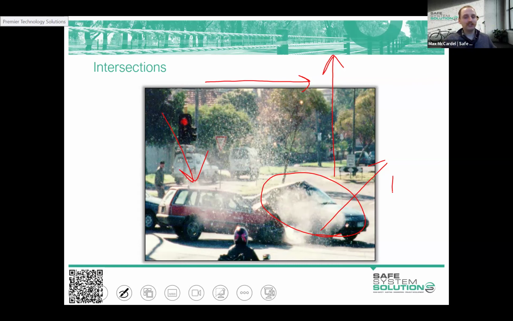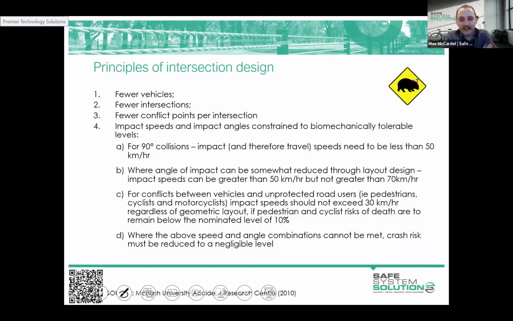The Monash University Accident Research Centre, or MUARC, they were contracted to complete some work and investigate, well, what are the kind of principles that we should look at to reduce trauma at intersections.